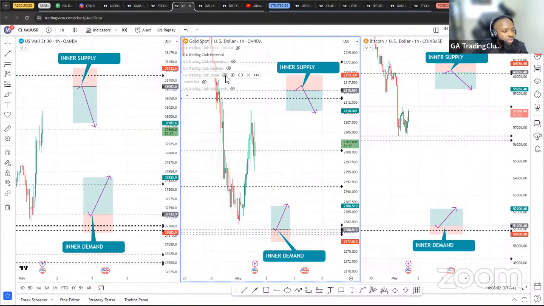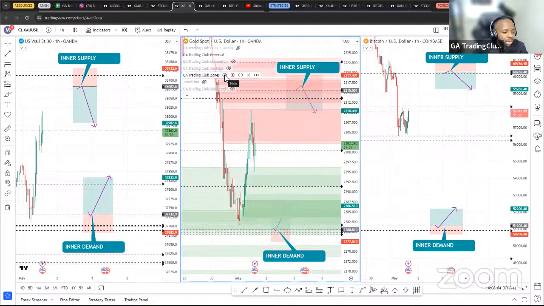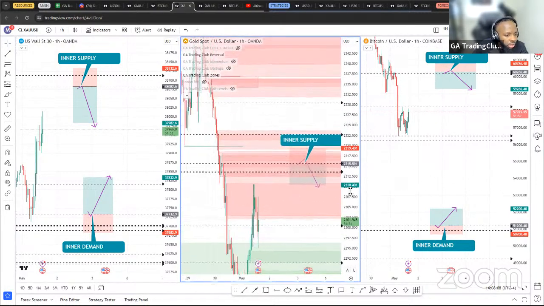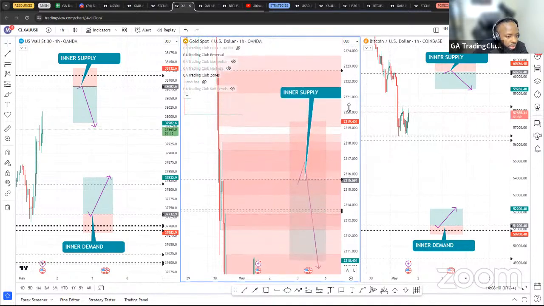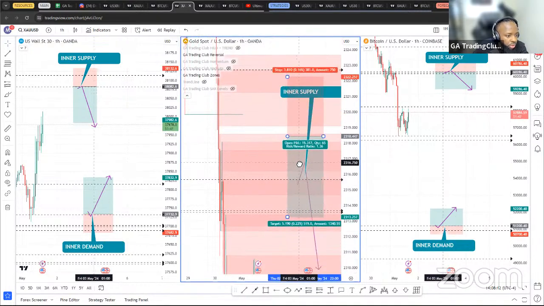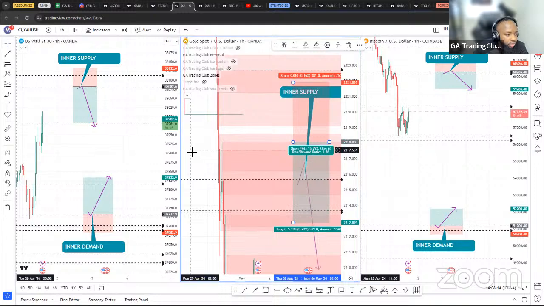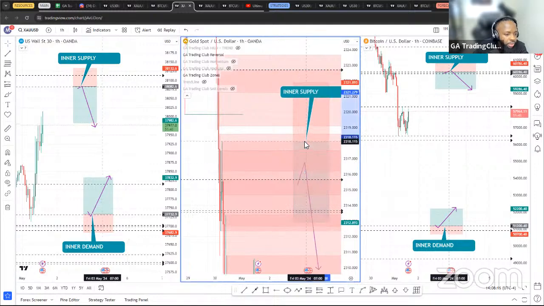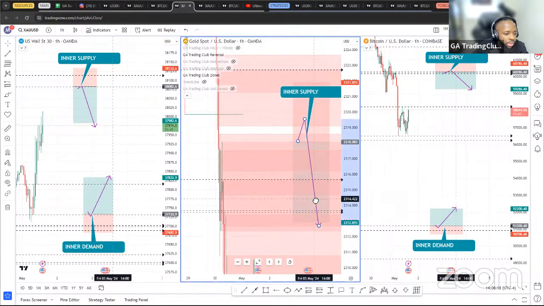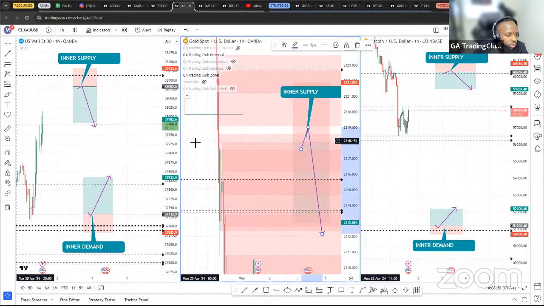For gold, I think the hourly zones will remain where they are. Yes, they will remain. For this one, for gold, we push this to the top at 23.18. That's where the hourly supply will move up to 23.18.